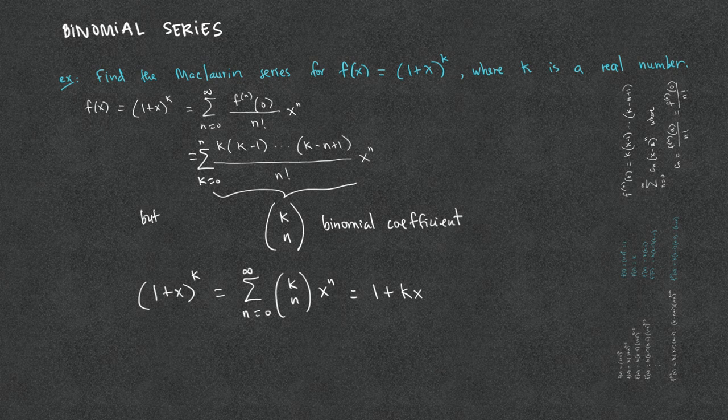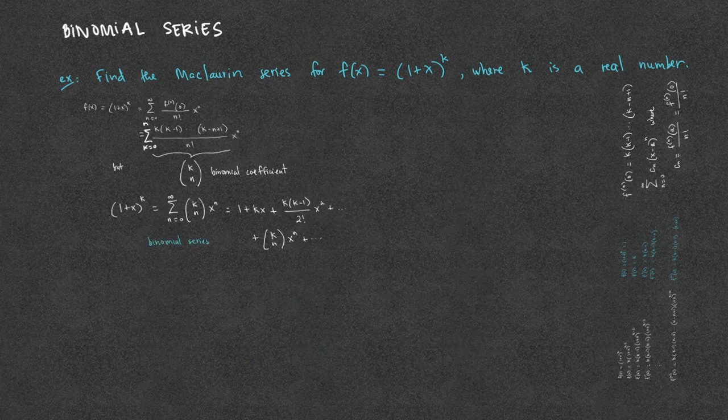This is 1 plus kx plus k times k minus 1 over 2 factorial x squared plus ... The nth term is k choose n times x to the n plus ... This is known as the binomial series because it involves the binomial coefficients.